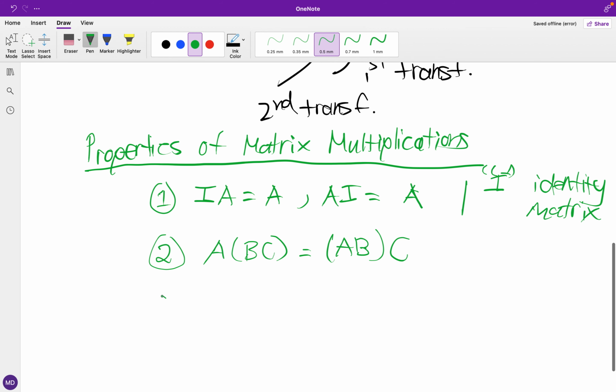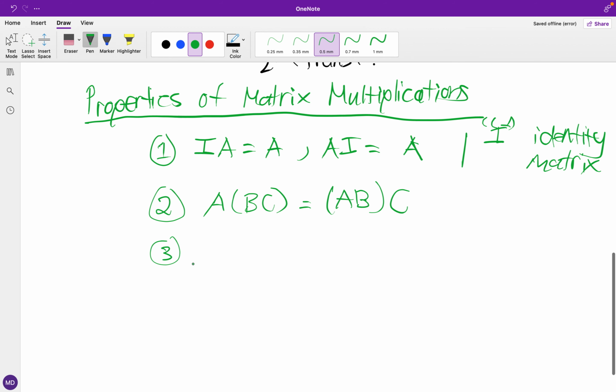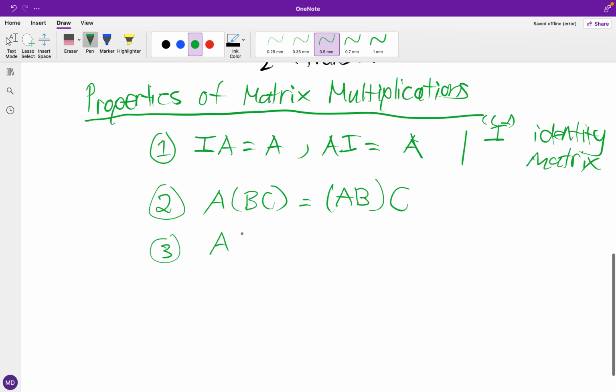The third property is that it is distributive. By the way, A, B, C are all matrices here. A times (B plus C) is the same thing as AB plus or minus AC. So it's distributive.